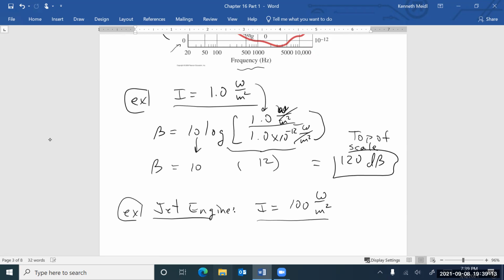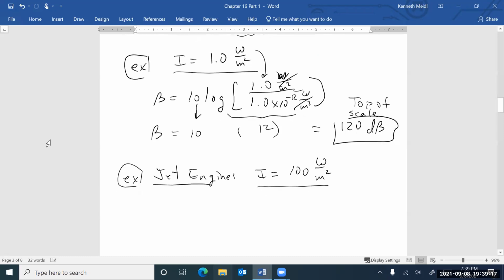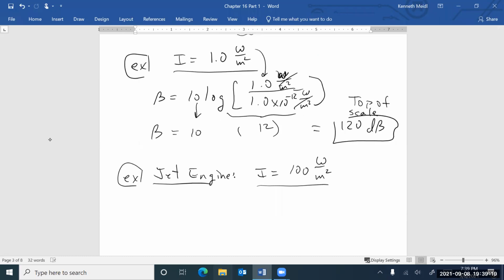And I kind of want to use this number here because it's a really good comparison to what we have up above here at 1 watt per square meter. And if you're going to try to scale this to see how many decibels this is, it's 100 watts per square meter. On the bottom is what we always have as the threshold of hearing.